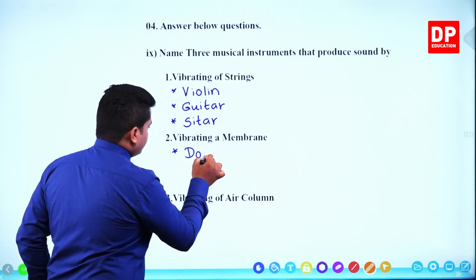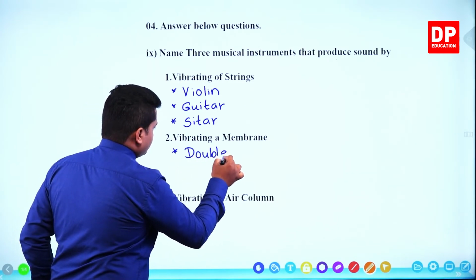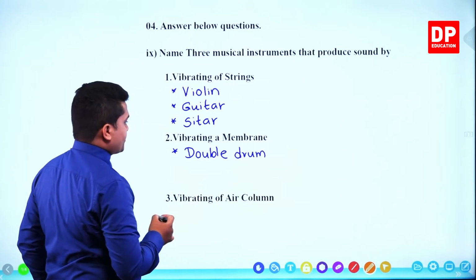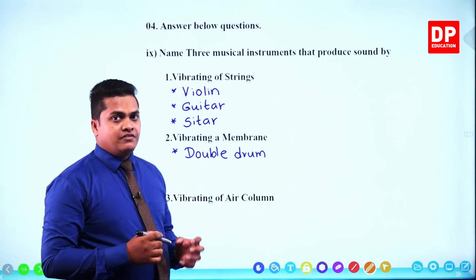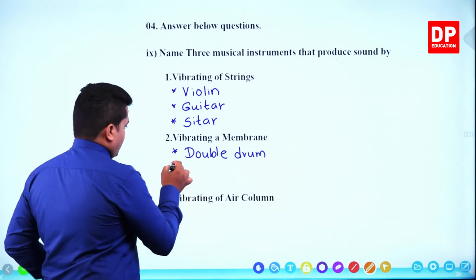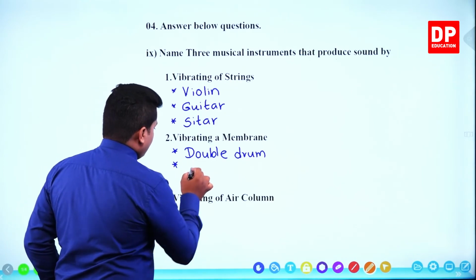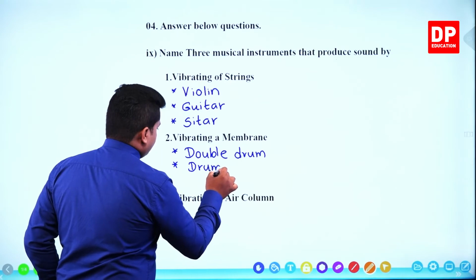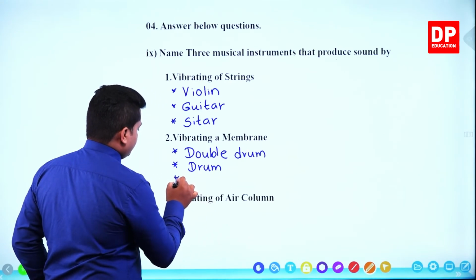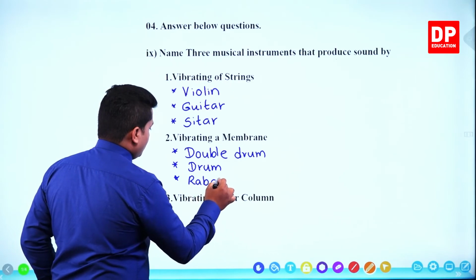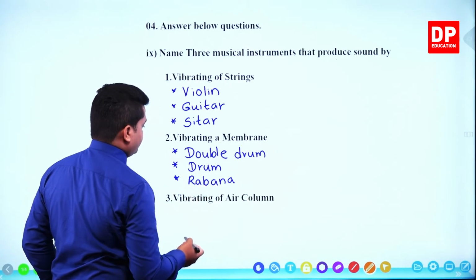So you can write double drum. In Sinhala we refer to this as the thammattama. Then rabana, and the large drum.